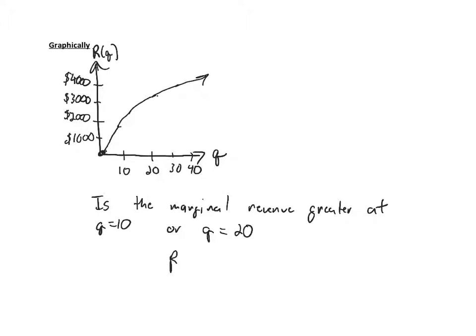We want to think about R prime of 10 versus R prime of 20, or the slope of the tangent line. Well, if I consider at 10, that would be the tangent line, versus at 20, at which one of those moments do we actually have a greater slope? The slope is greater at 10, so I would say R prime of 10, the marginal revenue at 10, is actually greater than the marginal revenue at 20.